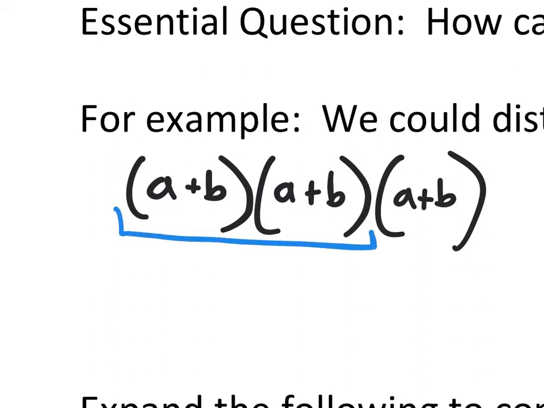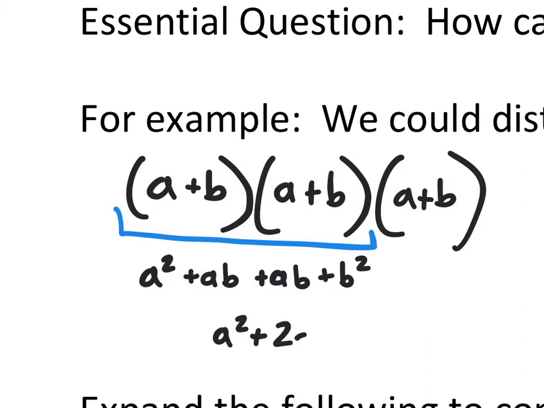So I'm going to start off with just these first 2, and I'm going to do the FOIL process. So a times a is a squared, a times b is ab, and then when I switch over to starting with the b of the first term, we get another a times b, plus b squared. So when we FOIL out that first piece, it ends up looking like this.